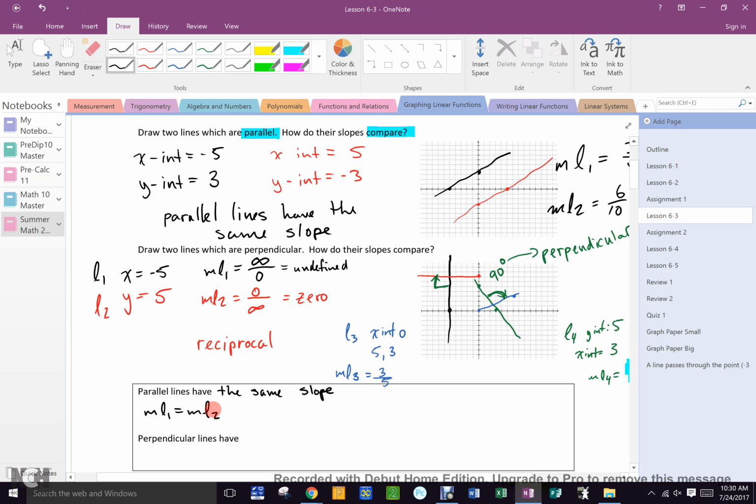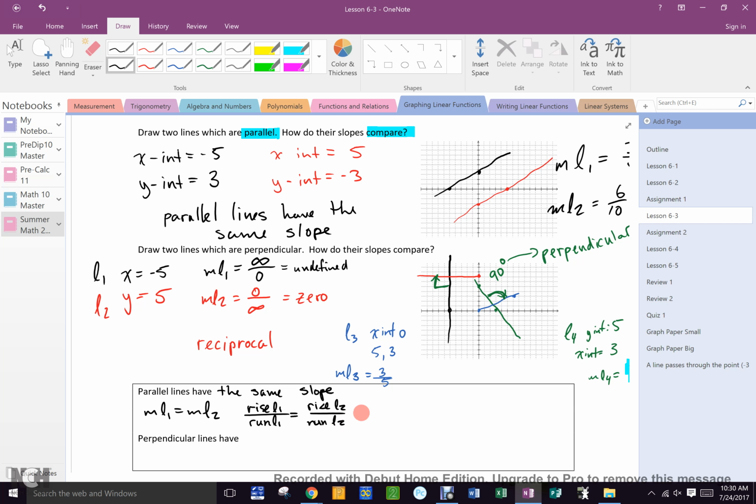So if you're in slope-intercept form and the m's are the same, they're parallel, okay? It also means the rise of line 1 over the run of line 1 equals the rise of line 2 over the run of line 2. So if there's a fraction involved and those fractions are the same, they're parallel. Everybody good?